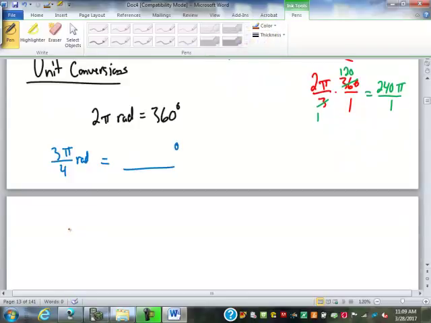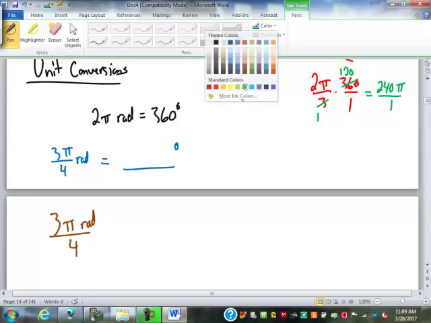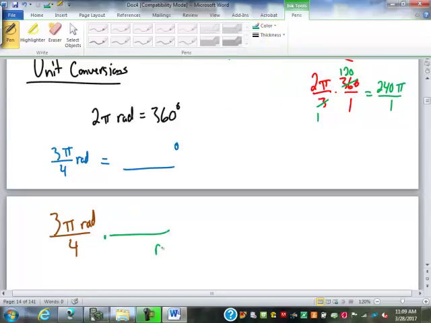First of all, I'm going to write this like this. I'm going to put the radians in the numerator. So it's 3 pi radians over 4, like that. Now I want to get rid of radians, don't I? I'll put radians on bottom, and I'm going to degrees, so I want degrees on top.